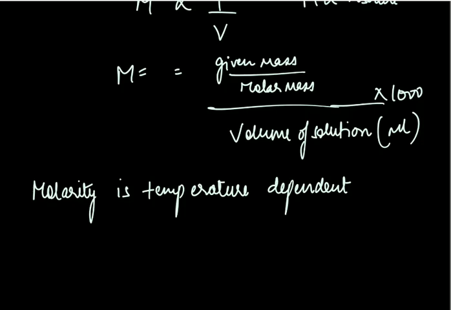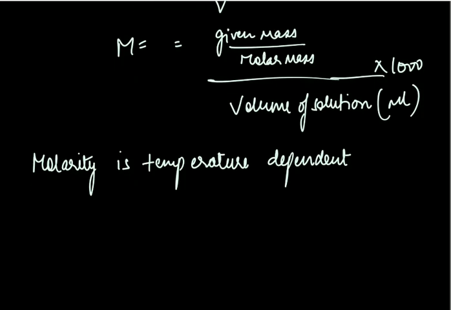You go back to the basics. We are talking about liquids, no doubt, but the concept we are picking up is actually used in the gaseous state. We know that volume is directly proportional to temperature. This is taught in the gaseous state as Charles law, which we can discuss later on, but not right now.